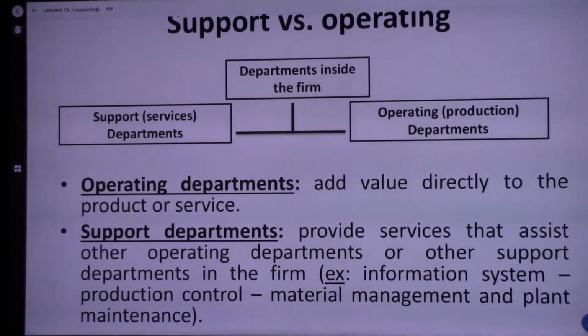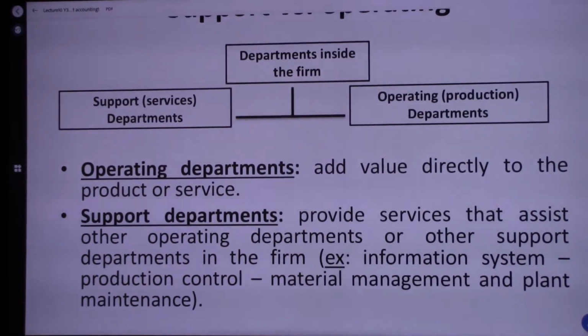Plant maintenance, the maintenance for the whole plant. Does it add value to the production of the table directly or indirectly? So, supporting departments add value to the final product or service indirectly. How? Through providing support to the operating departments.